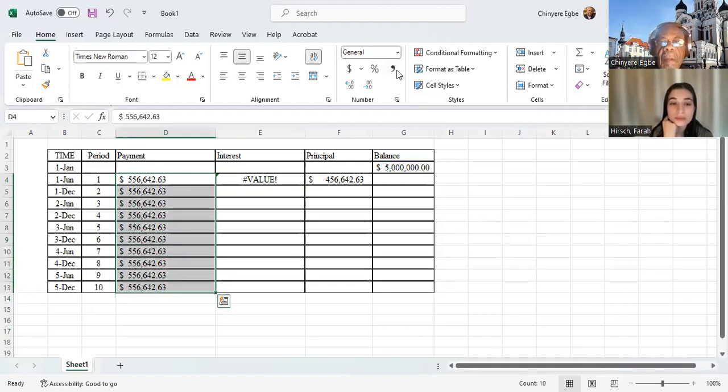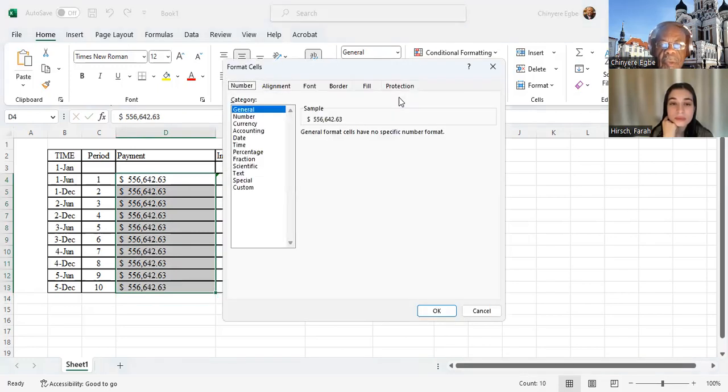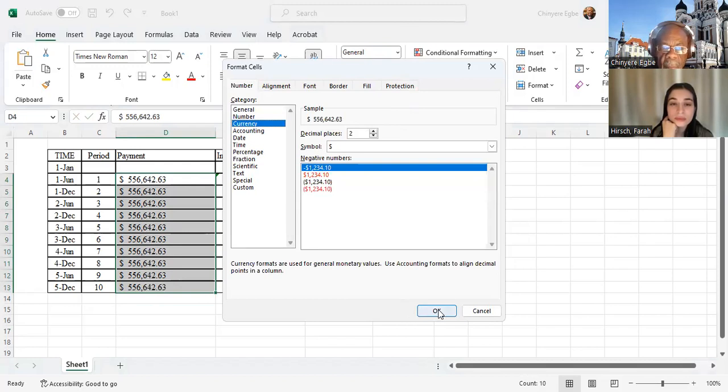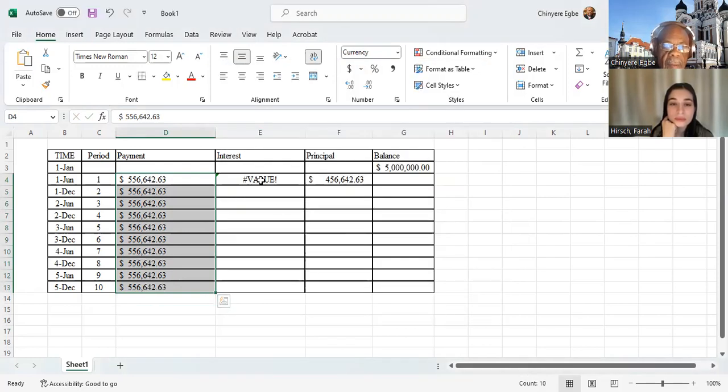And that's equals, oh, I see something is going on here. Let me make sure these are numbers. Currency. Everything here is going to be currency.